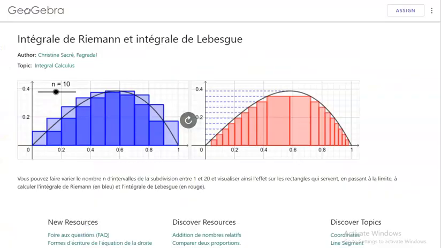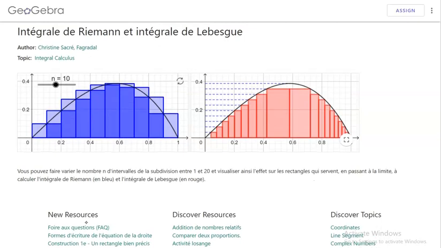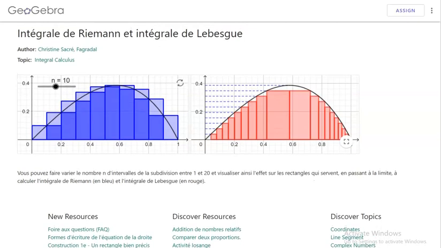So that's the one. On the left, you've got Riemann, sorry, and you've got Lebesgue on the right. And so you see on the left, we've got discretization.